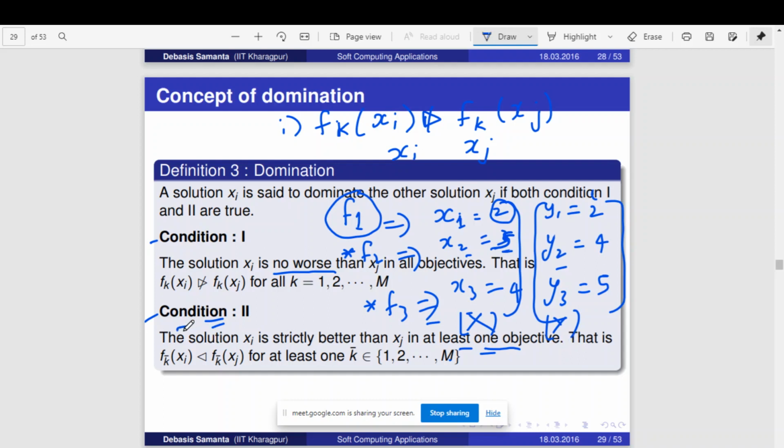F3 satisfies condition 2, but what about condition 1? Condition 2 is fine. Is condition 1 satisfied? What is condition 1? It is xi no worse than xj for all objectives. So can you say that x dominates y now?